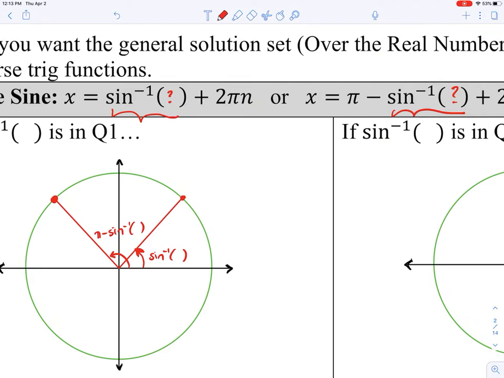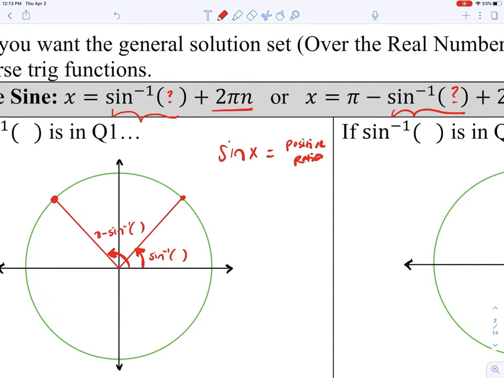So the angles that would make sine of x equal to a positive ratio true would be inverse sine of whatever that positive ratio is, as well as pi minus the inverse sine of that positive ratio.